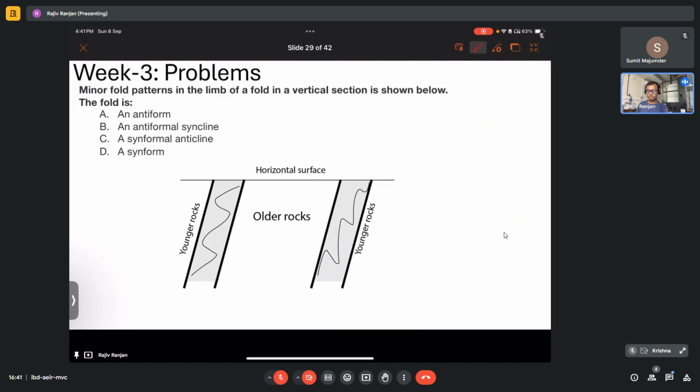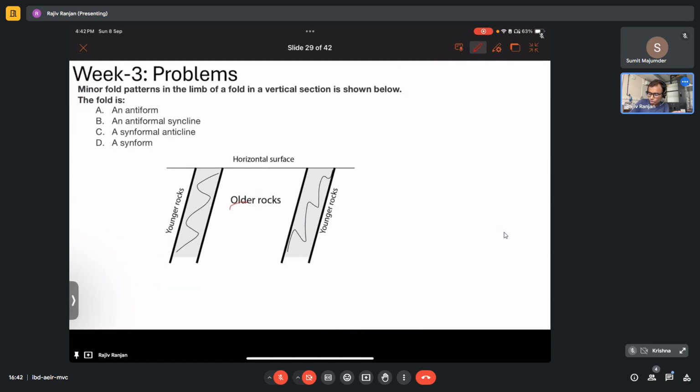Let's come back to this. So you can see older rocks and younger rocks, which means the younging direction is this.